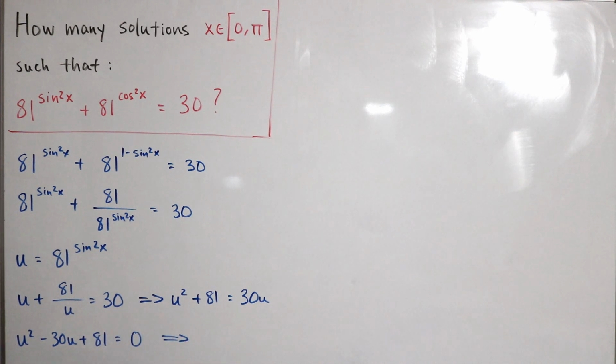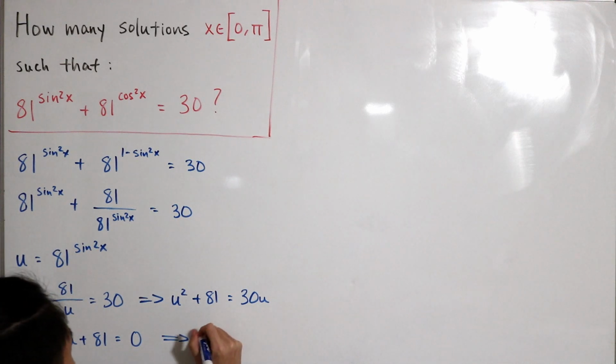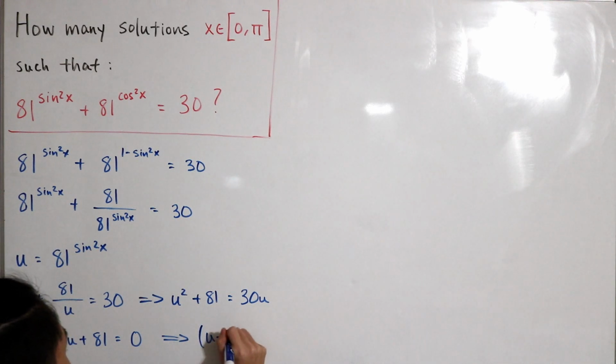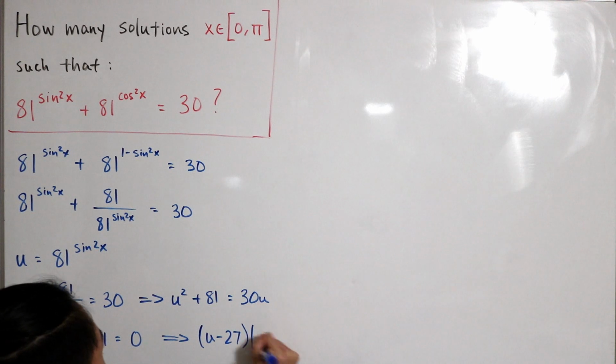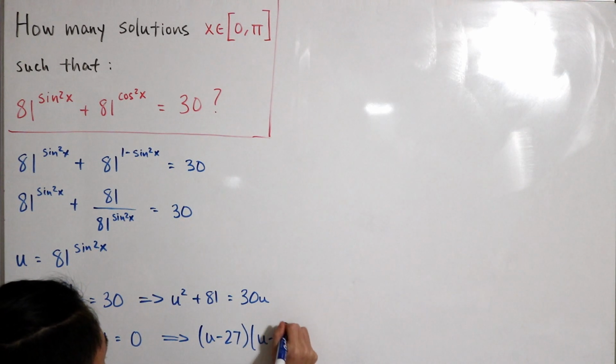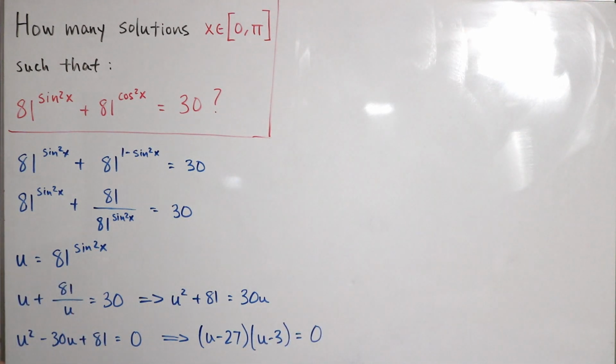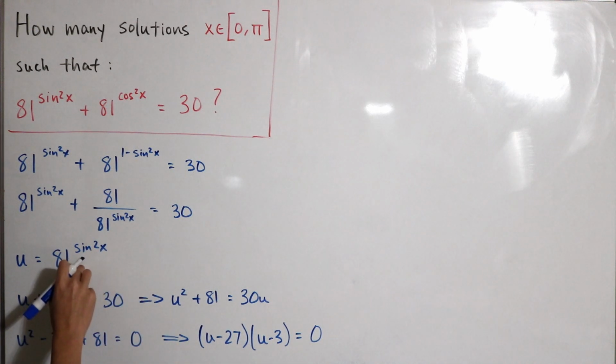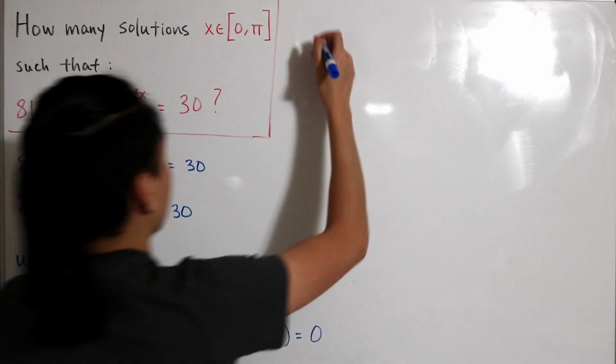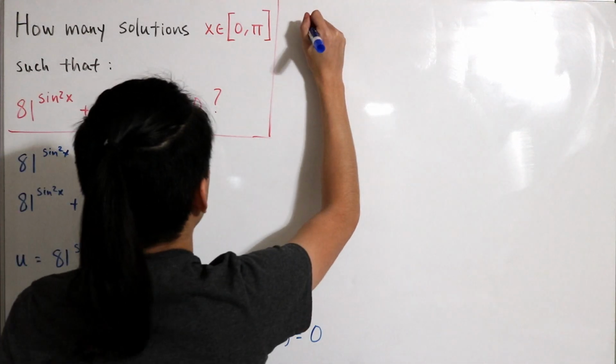Then you can see that you could decompose this into two binomial factors. This comes out nicely as u subtract 27 multiplied by u subtract 3, set equal to 0. Then we see that u is equal to 27 and u is equal to 3. We plug the u back in that we made the substitution for, and so we have two things we need to solve for.